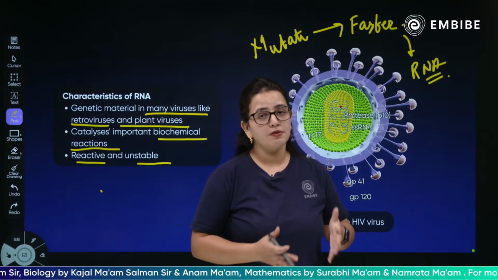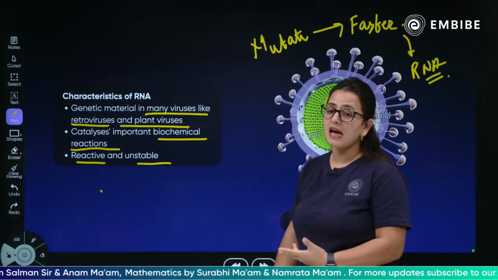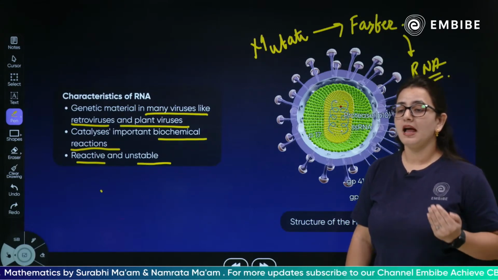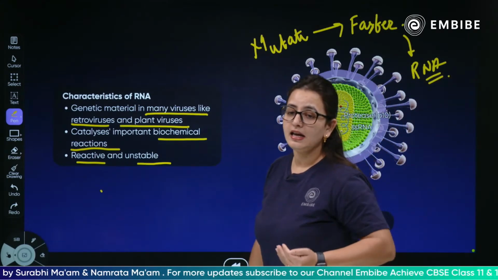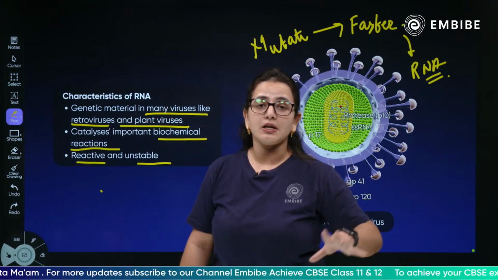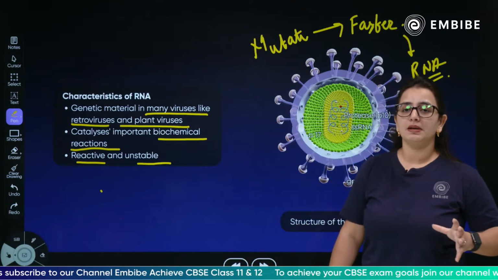There were several pandemics because of viruses which have RNA as their genetic material. It is very reactive and unstable as well. Due to this particular feature, it was not considered a genetic material globally.